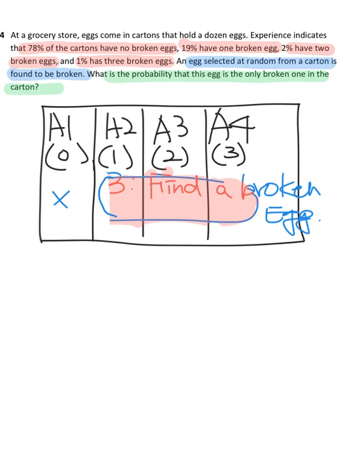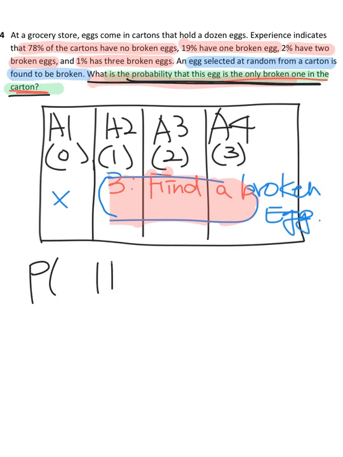Okay, so now we need the probability. Let me set up who are the A's and who is the B. We found a broken egg, so B should be given.